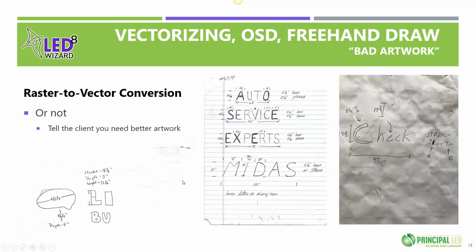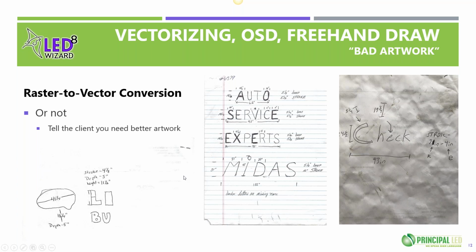Okay, so yeah, I forgot about these slides. So you know, we've all seen, if you've been around for a while, some pretty terrible artwork and a wide range of files that are trying to be passed off as artwork, if you will. Sometimes you just need to go back to the client and say, I can't give you an accurate layout from what you're giving me, right?